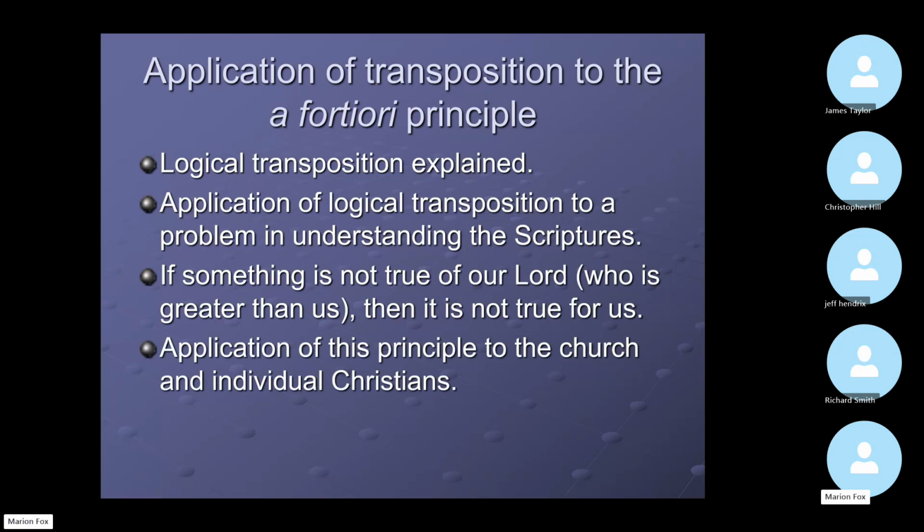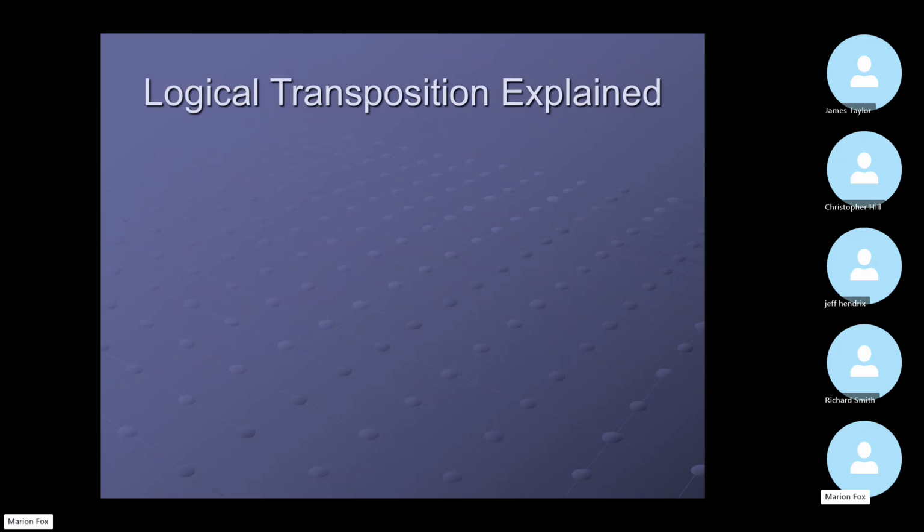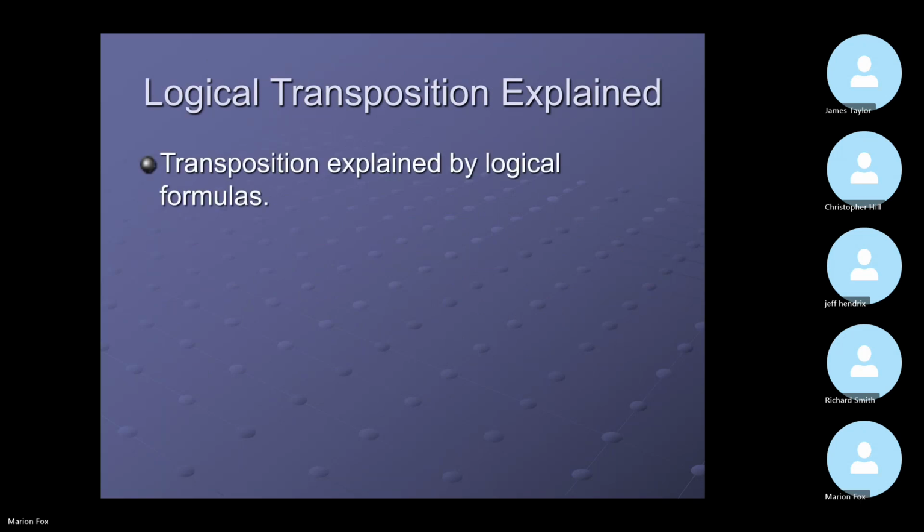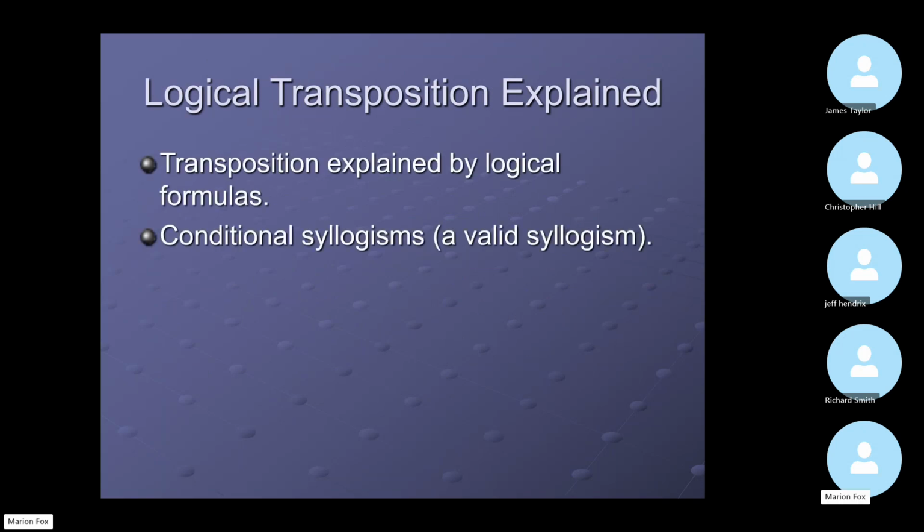We're going to apply this to the church and also to individual Christians. We're going to explain it by logical formulas, and we'll use a valid conditional syllogism. If A, then B. A is true, therefore B is true.